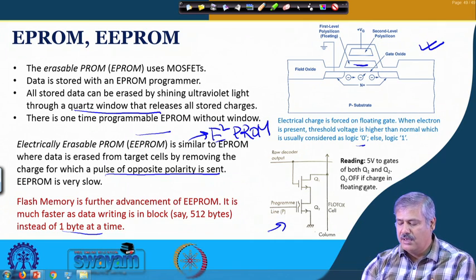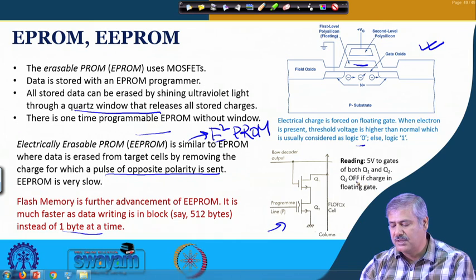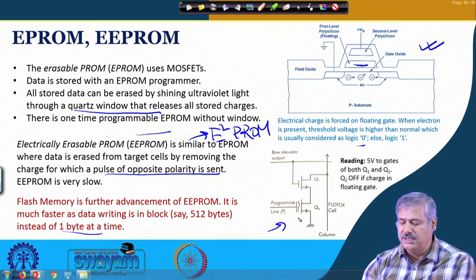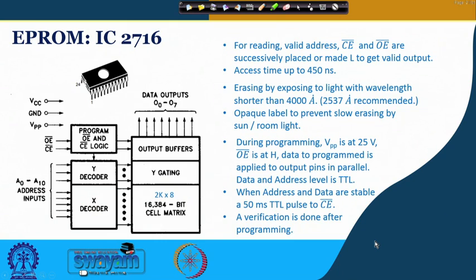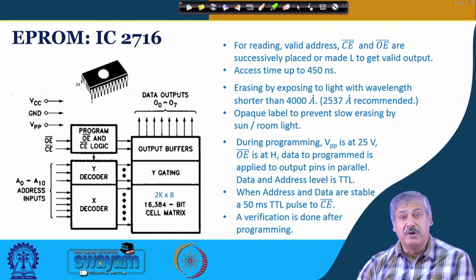Depending on the case, Q2 will be off if charge is there in the floating gate, because the threshold voltage becomes much higher. And if it is on, then it will be the normal operation. So, this will be on, this will also be on, and this voltage will be accordingly. Is it fine?